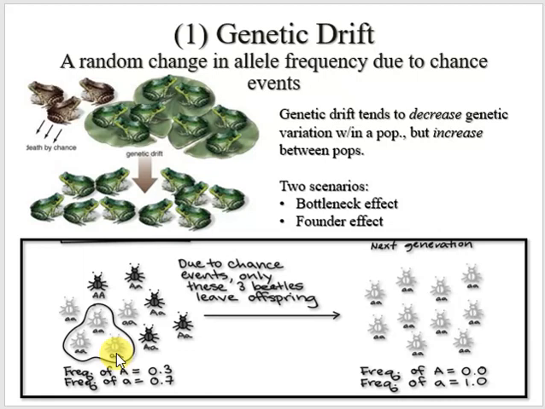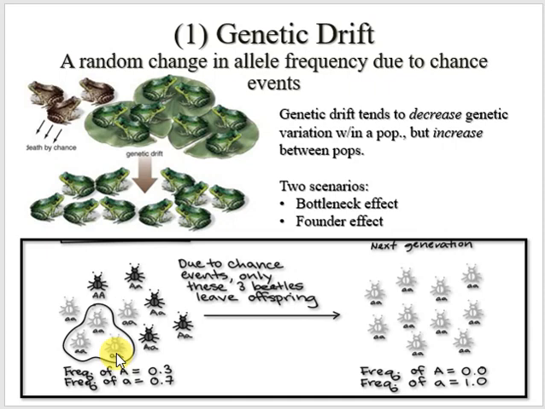So while you have the decrease of genetic variation within a population, you do have the increase of variation between populations, which makes sense too, because as I said before, these new populations that are formed are generally significantly different or not well representative of the original population, right? The allelic frequencies that are going to occur are going to be significantly different from that founding population, and therefore you have significant increase of genetic variation between those populations.